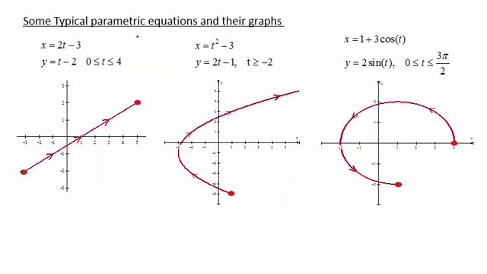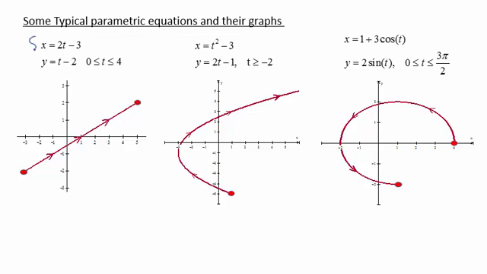Here are some other typical parametric equations and their graphs that we would like to recognize. All of these can be graphed by making a t-table and plotting a series of points that'll trace out our curve. However, oftentimes it is easier to eliminate the parameter t to come up with a more familiar form of our equations.